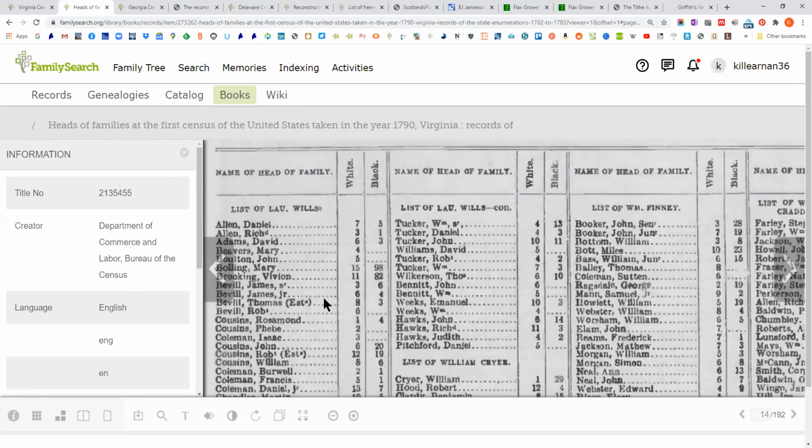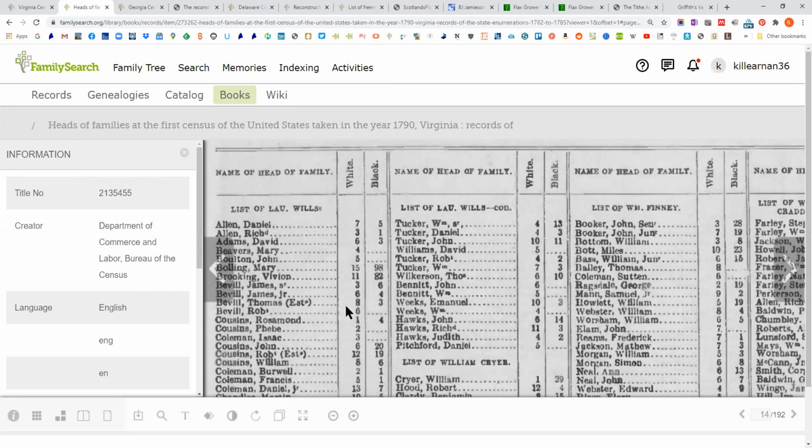There's a good chance that the ones with a fairly high number of African Americans were bigger plantations. If you see one, and I saw one when I was looking earlier, that had only people who were black and nobody who was white, it was probably somebody who was a free black.